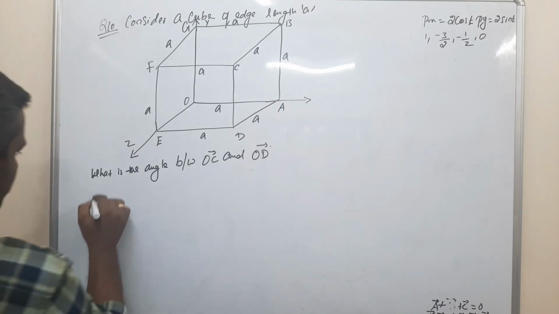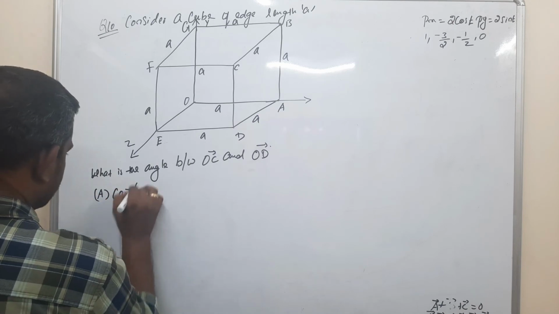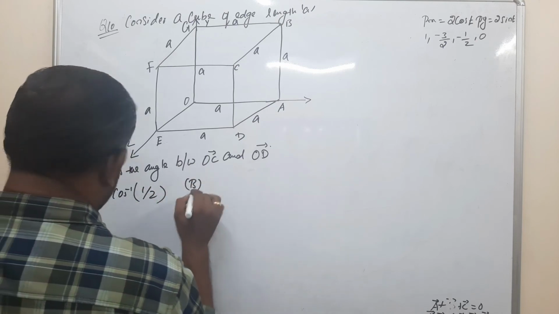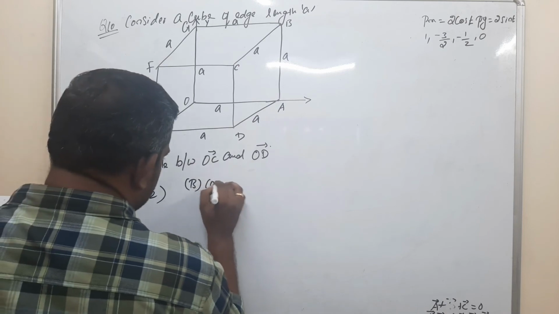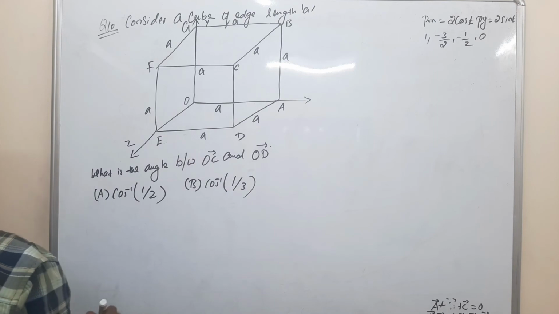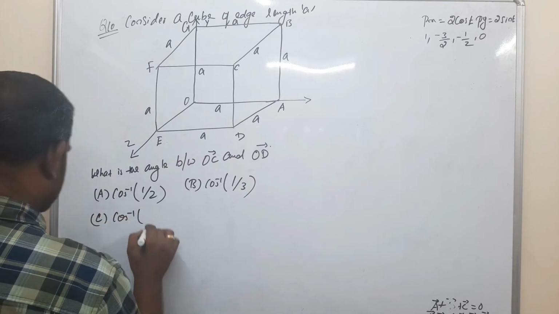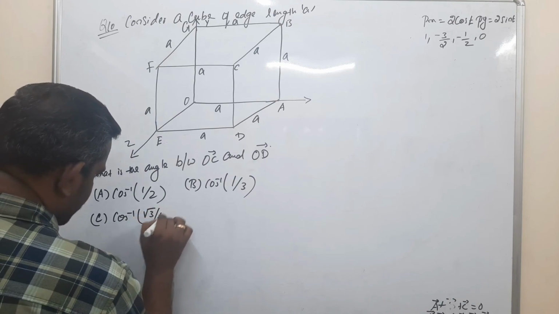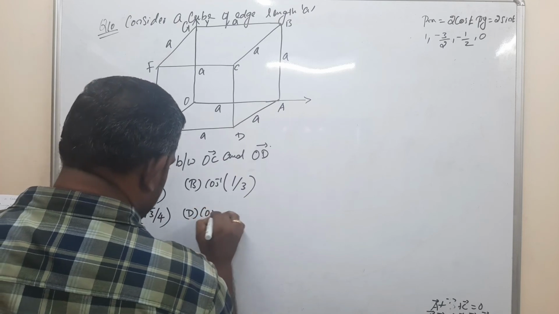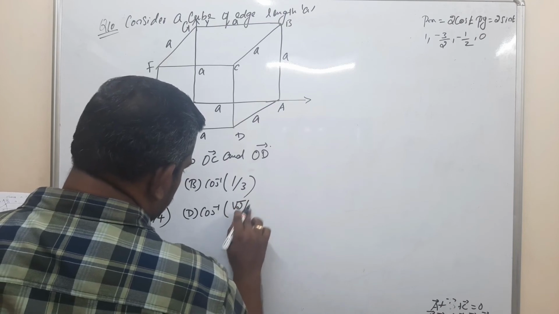Options: A, cos inverse of 1 by 2. Option B, cos inverse of 1 by 3. Option C, cos inverse of root 3 divided by 4. Option D, cos inverse of root 2 divided by 3.